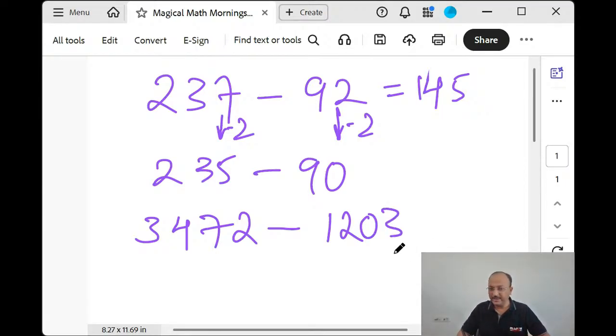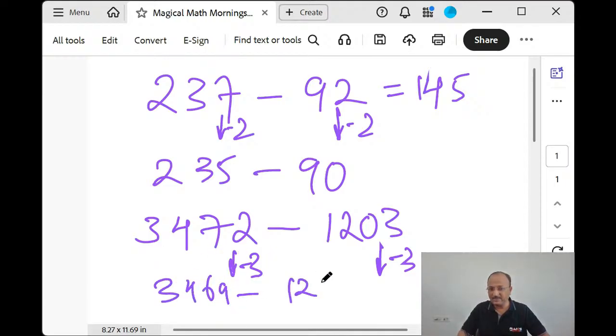What we do here, we are going to subtract 3. That means here also we are going to subtract 3. What we get when you subtract here, we get 3469. 3469 minus, it will become like 1200. Correct? 34 minus 12 is how much? 22. So answer is 2269. Got it? Very simple.